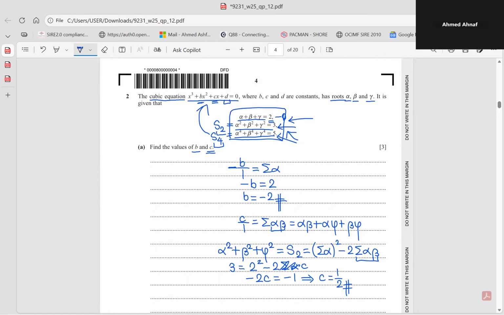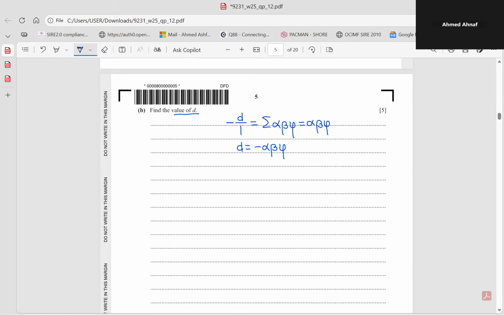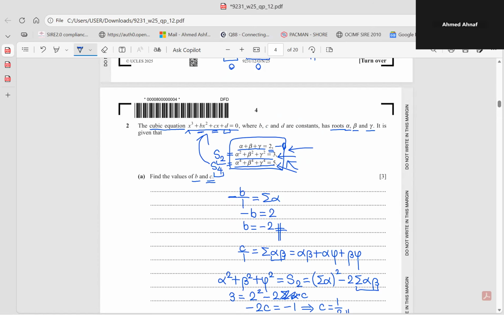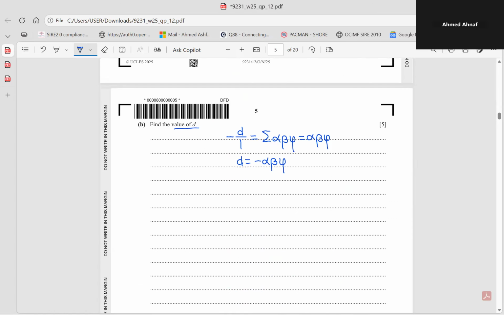Don't worry, it's going to be very simple. Instead of x cubed, this becomes S3, x squared becomes S2, and so on. And the constant term, you just have to multiply by 3. So let's do that.